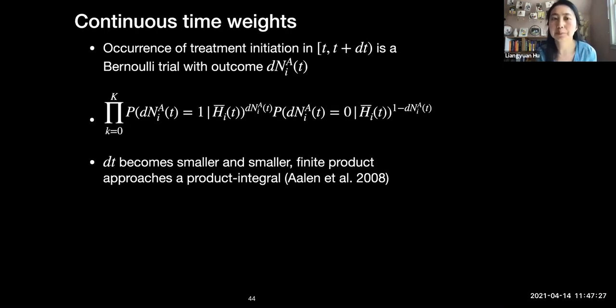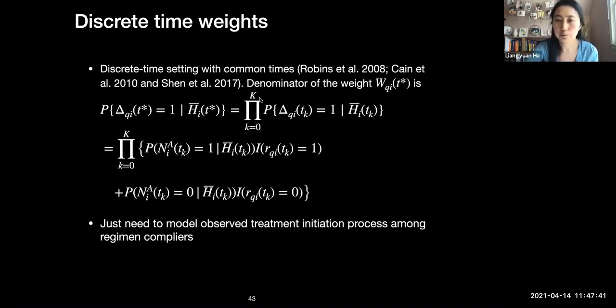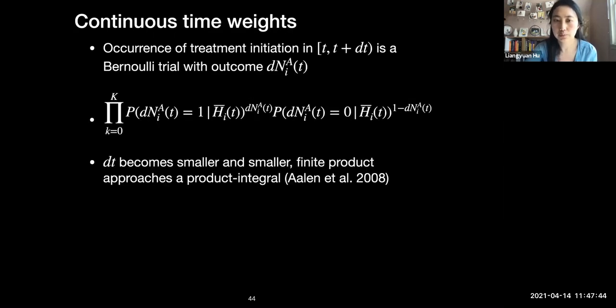In continuous time, we can observe that the occurrence of treatment initiation in a small time interval is actually a Bernoulli trial with outcome dNA(t). Then we can rewrite this cumulative product in terms of the individual partial likelihood score for the counting process of A. And now we observe that when dt becomes smaller and smaller, this finite product approaches a product integral.